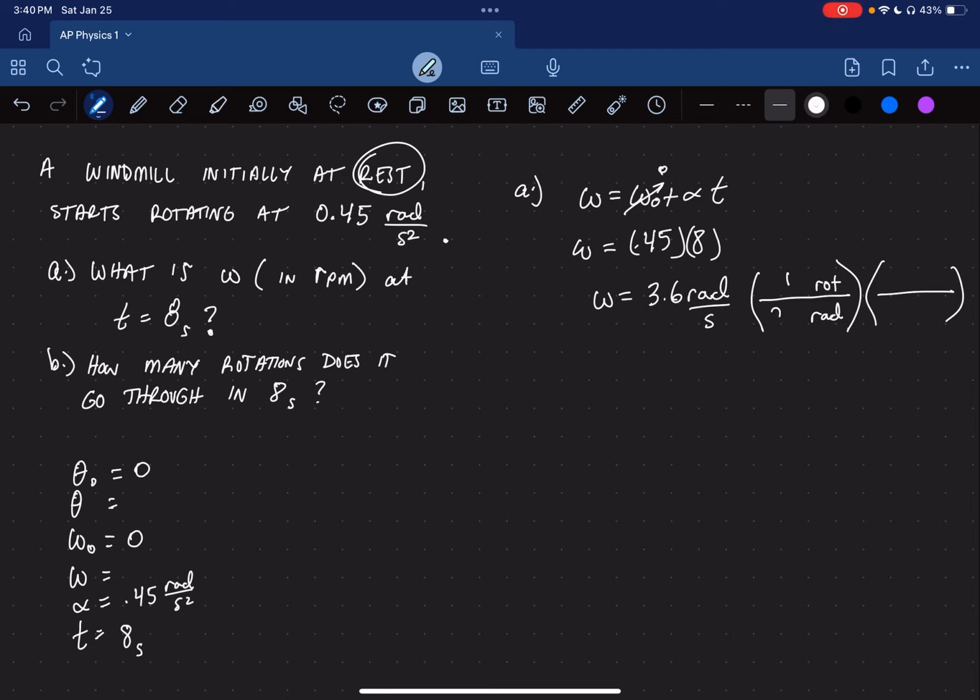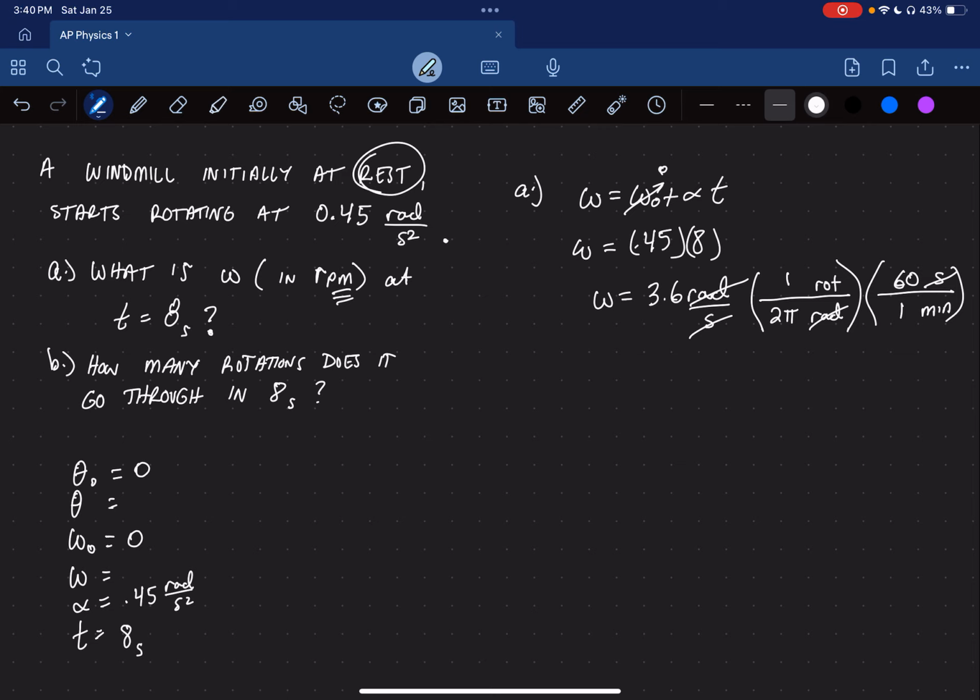One rotation is 2 pi radians. We need to get rid of seconds because we're trying to get to minutes here. If I have one on the bottom, I need to have one on the top. And we'll put minutes here. 1 minute is 60 seconds. Radians does cancel, seconds does cancel, so I will be left with rotations per minute, which is what I want.